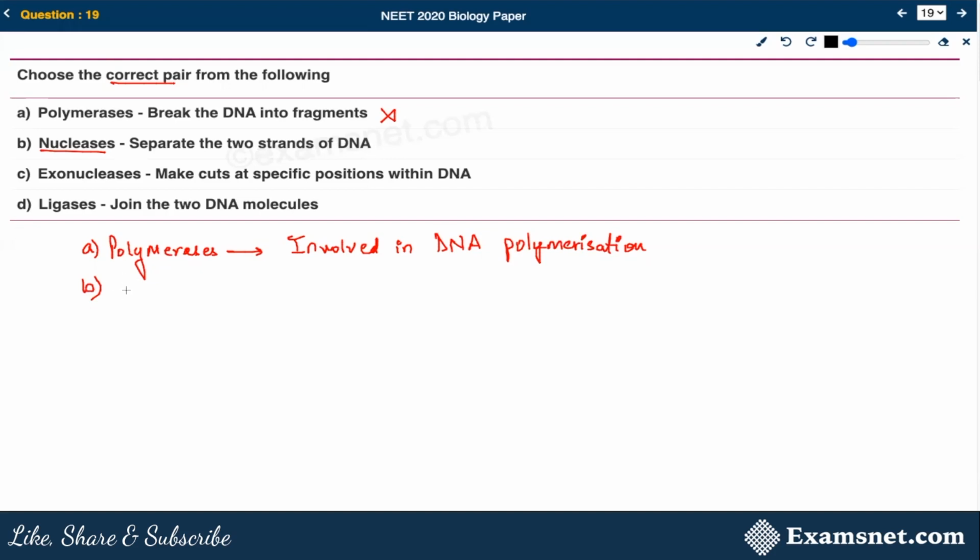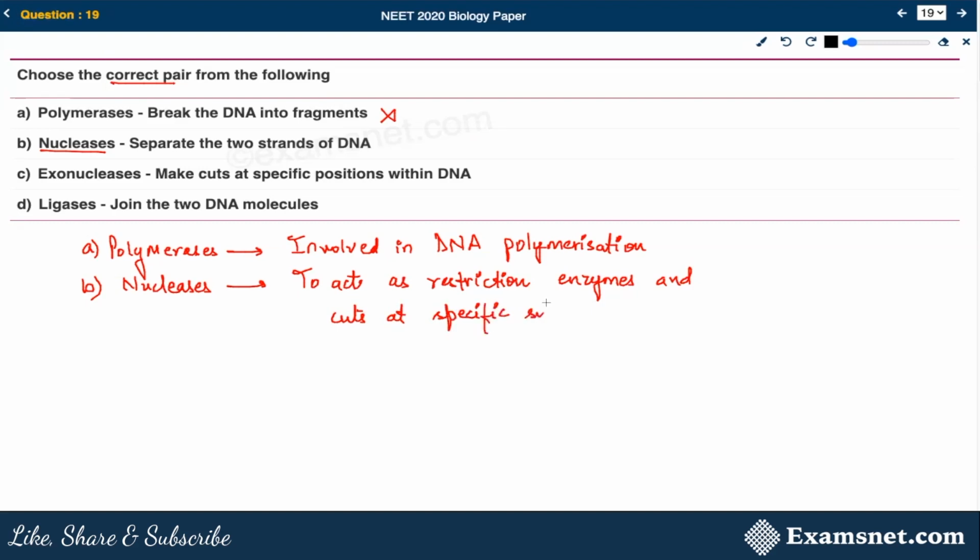The function of nucleases is to act as restriction enzymes, which are responsible for making cuts at specific sites in the DNA. So again, this is also a wrong option.